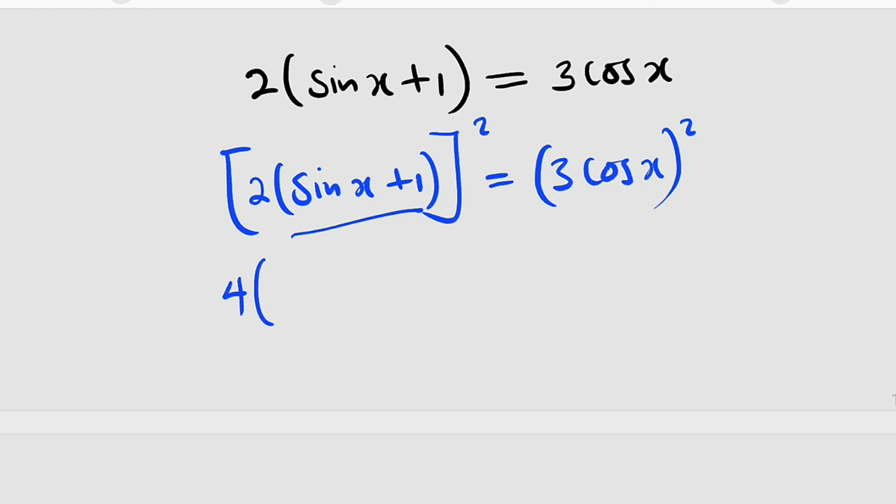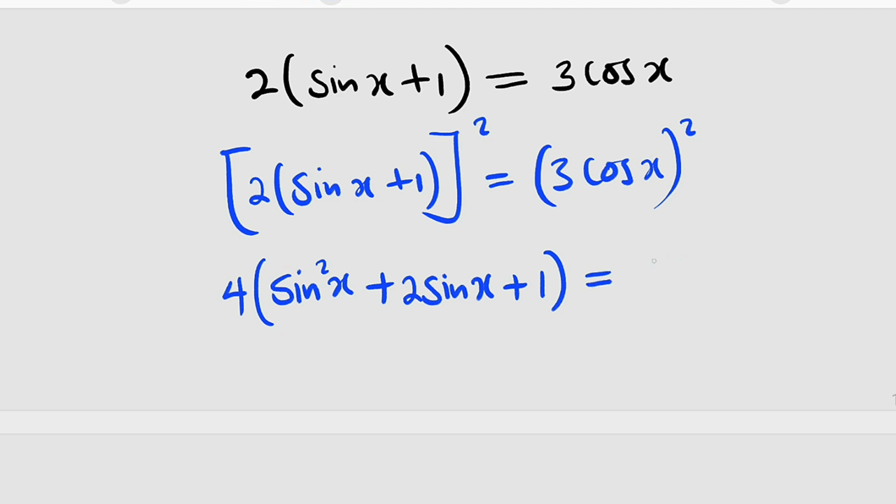And if you square this, you're going to obtain first term squared, which is sine squared x, plus 2 multiplied by the first term multiplied by the second term, which is going to give us 2 sine x, plus the second term squared, which is equal to 1 squared, equal to 1. And to the right hand side, we have 3 squared is 9, multiplied by cos squared x.